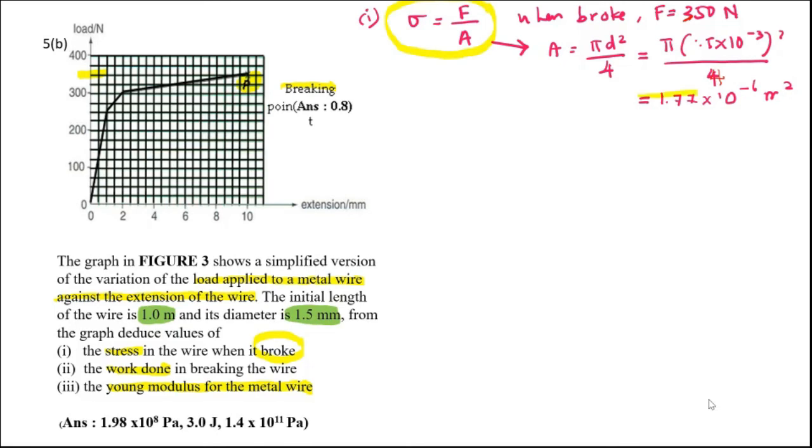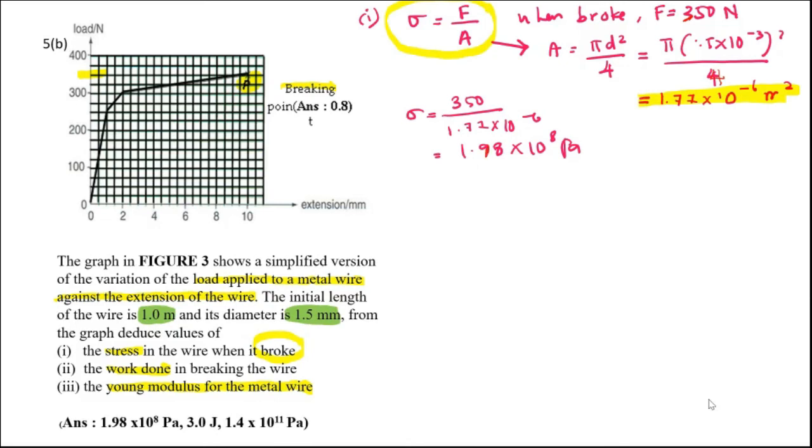So we substitute the values in the formula to find the stress. Stress is 350 divided by the cross-sectional area 1.77 times 10 to the power of negative 6, and this will be the stress of the wire when it breaks: 1.98 times 10 to the power of 8 Pascal.